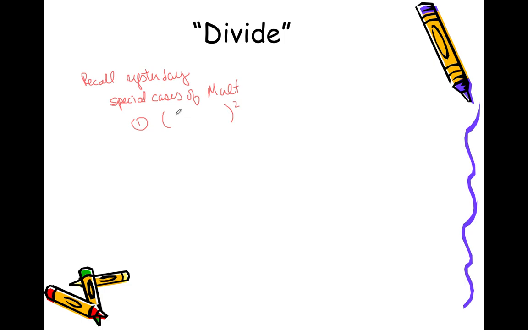Let's do 3 minus, I don't know what, 7i, let's say. Using my Algebra 1 knowledge, I know that's going to be 9 minus 21 doubled plus 49i squared. But you are supposed to recognize that i squared will turn this into -49. And then you are supposed to put the 9 and 49 together.